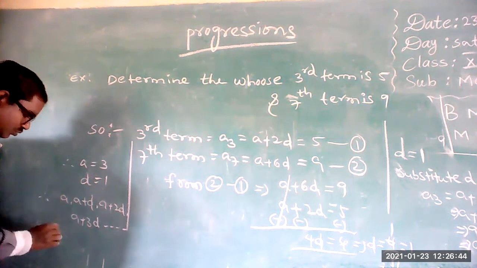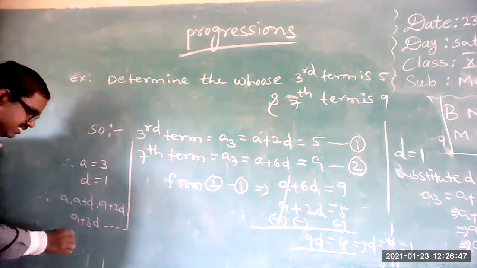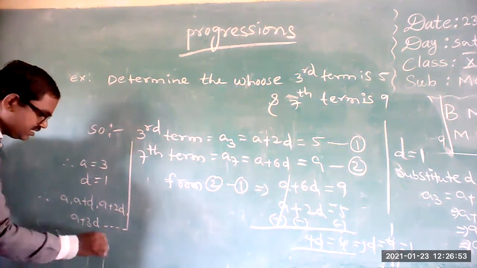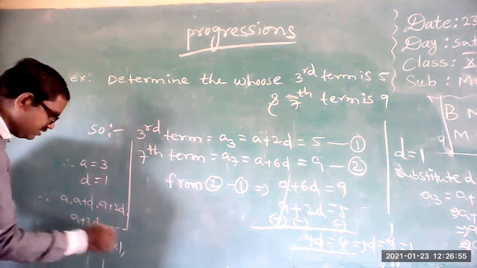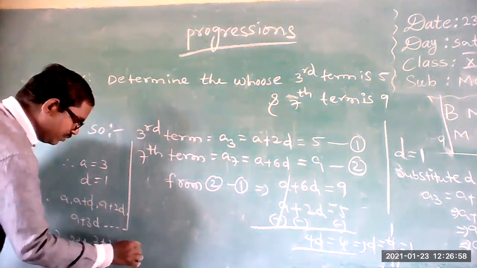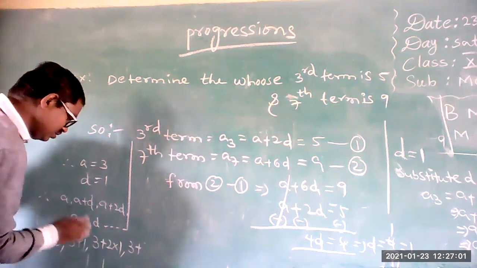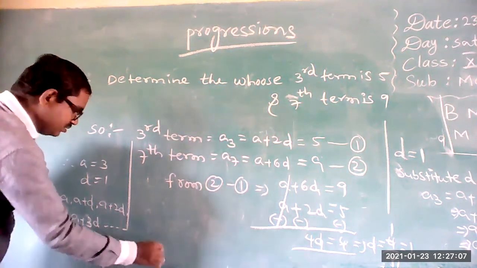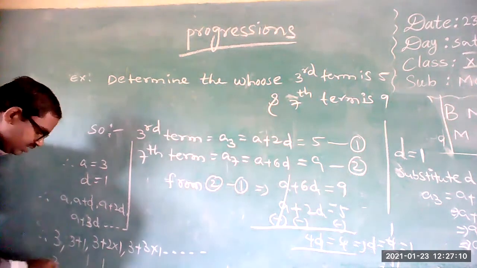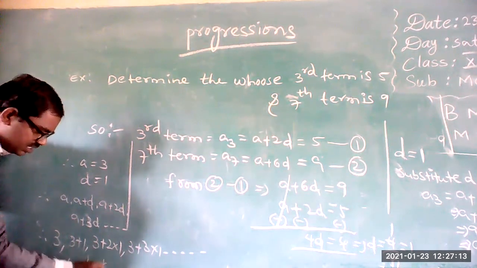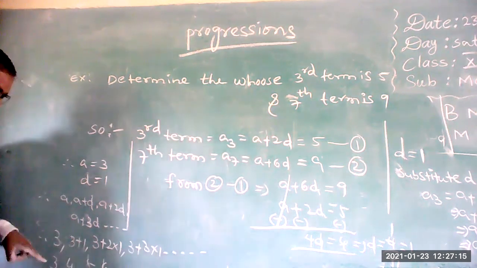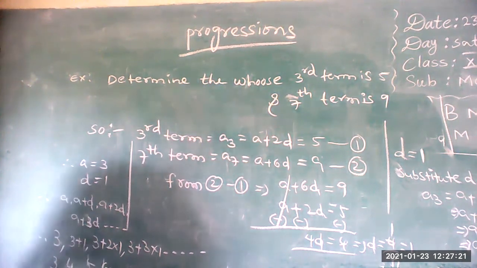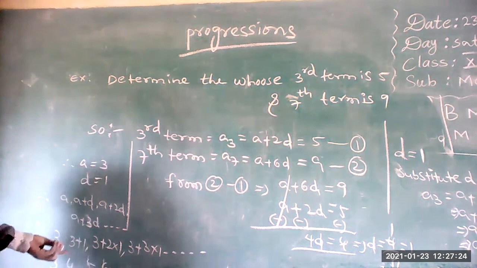Here A is 3, so A plus D is 3 plus 1, A plus 2D is 3 plus 2 into 1, A plus 3D is 3 plus 3 into 1, and so on. So 3, 4, 5, 6, and so on. This is the given AP series.